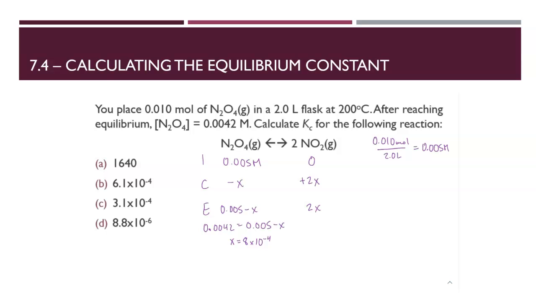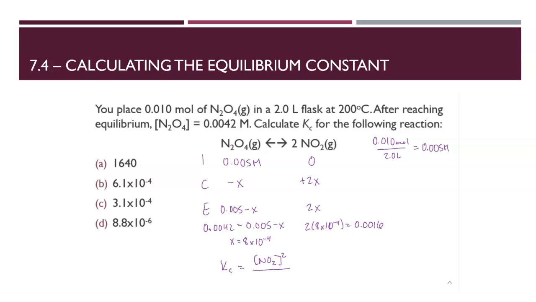So that means our concentration of NO2 at equilibrium is going to be 2 times 8 times 10 to the -4th, which is equal to 0.0016.